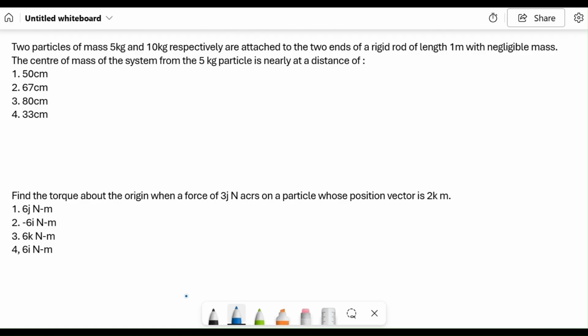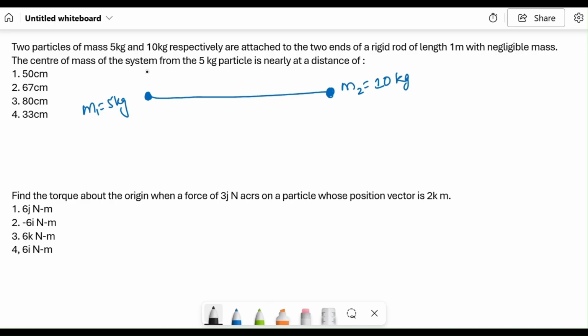To the next question. Here we are given two particles of mass 5 kg and 10 kg respectively attached. Let's say here we have mass m1 of 5 kg and another mass of 10 kg, attached with this rod, which is of negligible mass and rigid.